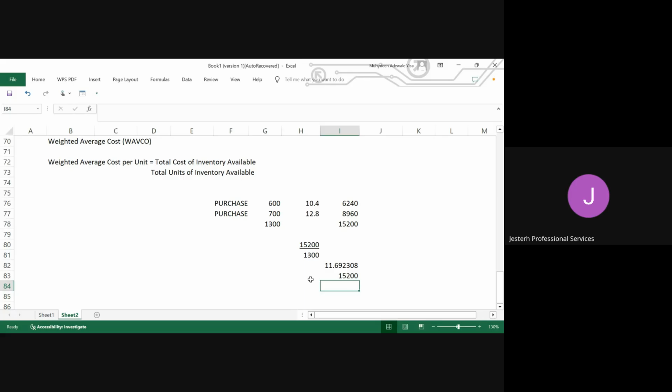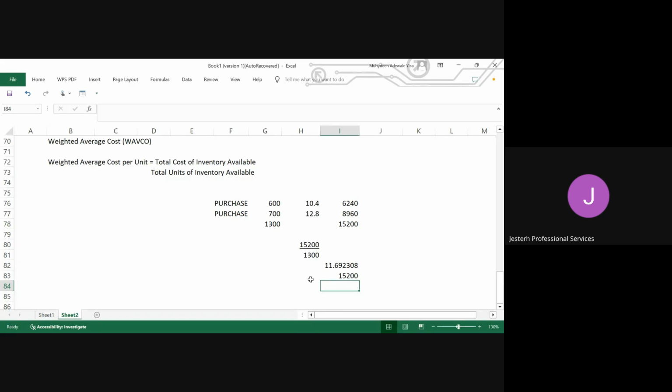But in this method, regardless of what we are issuing out, issue it out at the average cost per unit, not at the price that you brought in the products. Whether last in or last out, no. Issue it out at the average.